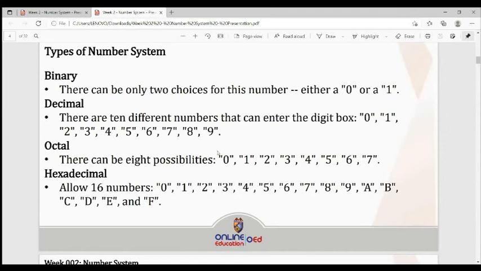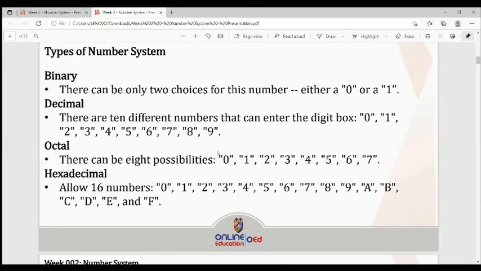So it's composed of 10 digits, from 0 to 9. So it can be 11, 22, 33, ayan, 567. Those are decimal. So the base is 10. Yun yung nasa baba niya. So binary naman, the base is 2.